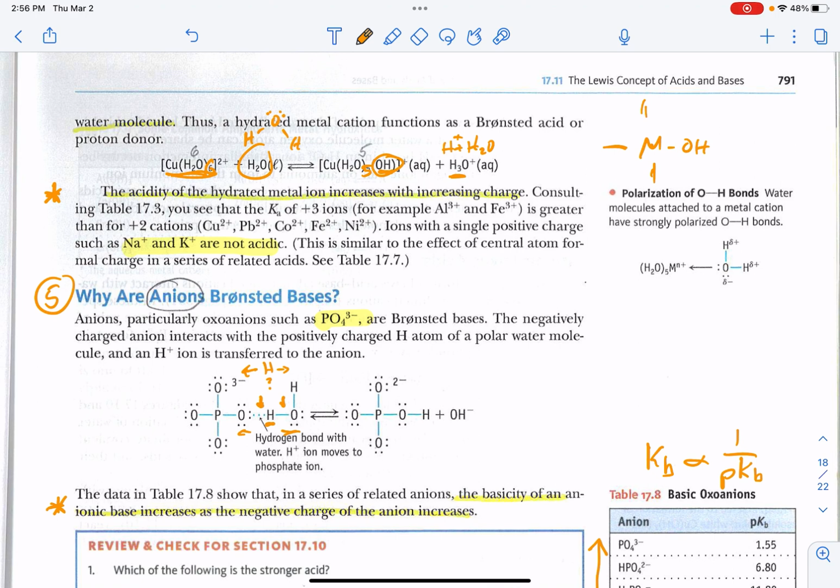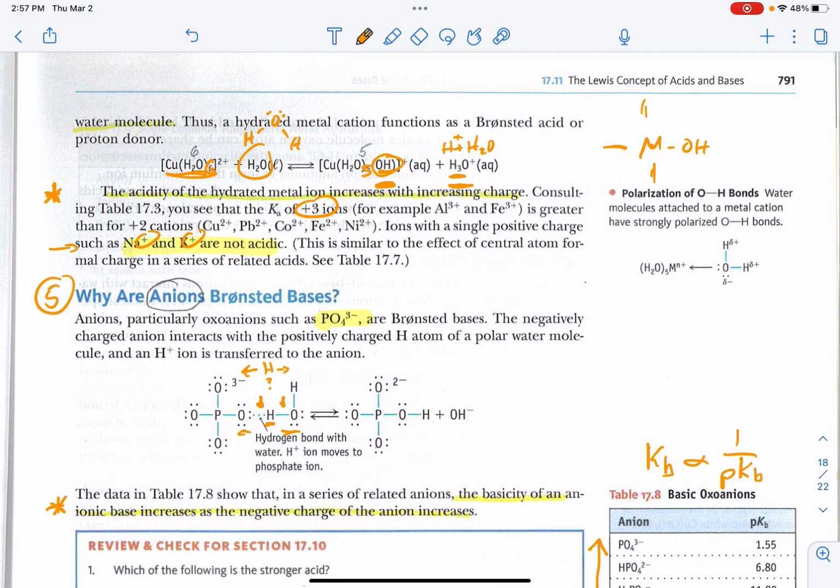And so the acidity of the hydrated metal ion increases with increasing charge. So if I went from a 2 plus to a 3 plus, it could be an even stronger acid. Incidentally, plus ones are not acidic at all. That makes sense from one perspective, because sodium and potassium ion compounds completely dissociate. So you need a plus 2 or a plus 3 ion to attract a hydroxide, like we did here, and donate a proton.